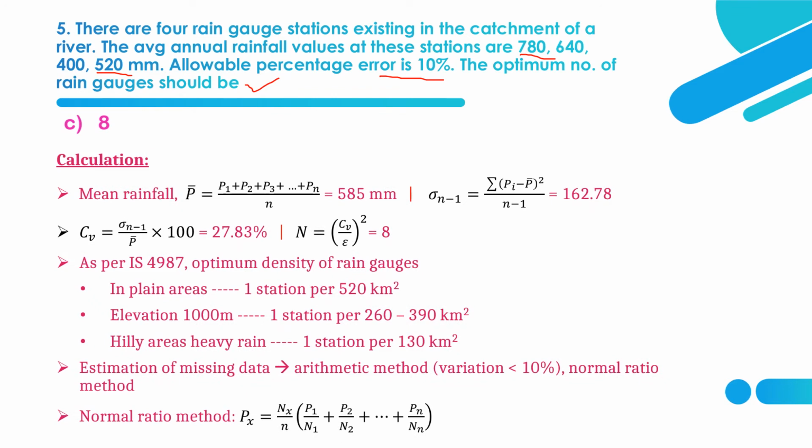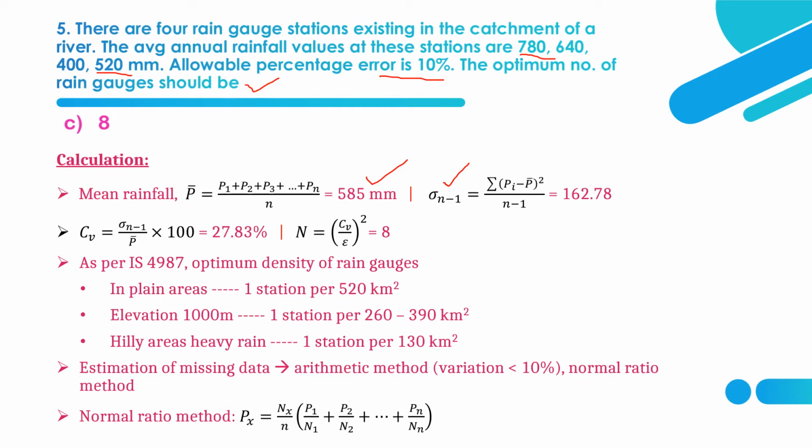The first step is to calculate the average rainfall. So P bar is equal to the sum of the rainfall divided by the total number of rainfall values recorded. Here four rainfall values are there, so the sum of the four values divided by 4 gives the average rainfall as 585 millimeter. And sigma n minus 1 is the standard deviation. Standard deviation is given by the square root of the summation of (Pi minus P bar) the whole square, divided by n minus 1. What is Pi?